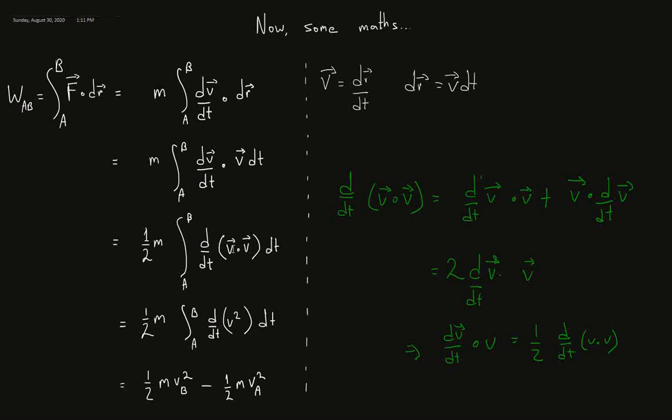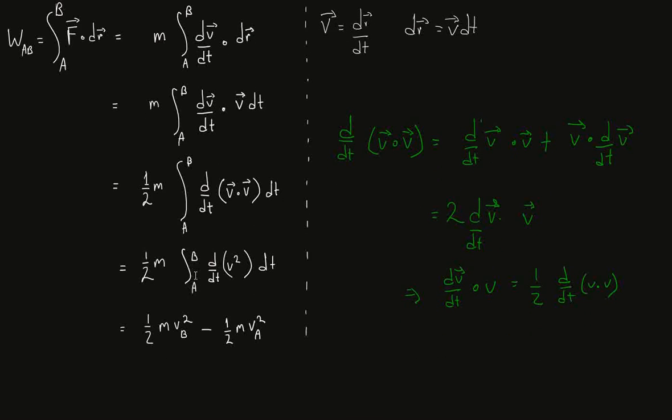And then of course v dot v is just v squared, or the magnitude squared of this velocity vector, also known as the speed squared. Now what step do we make in going from here to here? This is just the fundamental theorem of calculus. As you know from the fundamental theorem of calculus, if you have d/dx of f(x) dx going from a to b, it is just f(x) evaluated at b and a, so you have f(b) minus f(a).